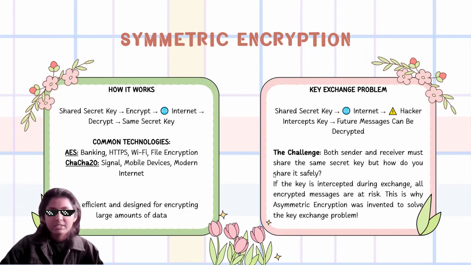If someone steals that key while it is being shared, they can decrypt every message protected by it. This is known as the key exchange problem in symmetric encryption, and we also discussed this in the last video. Some of the common symmetric encryption types are AES and ChaCha, which are the technology used in these protocols.